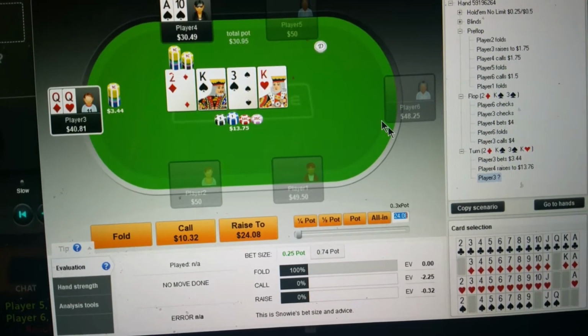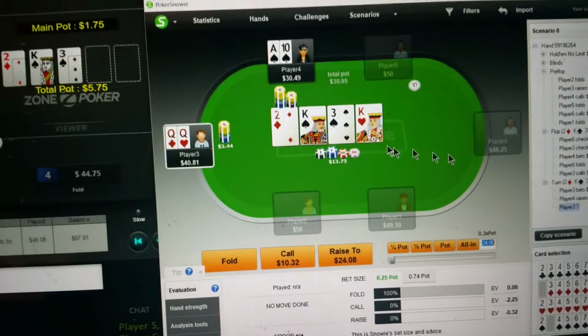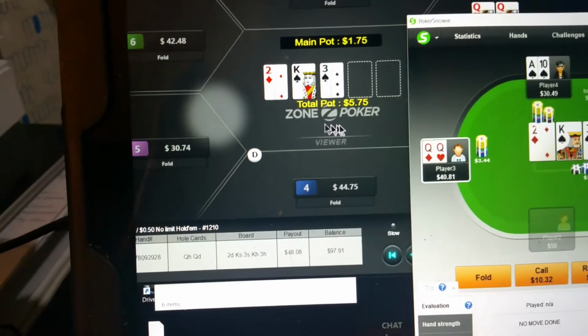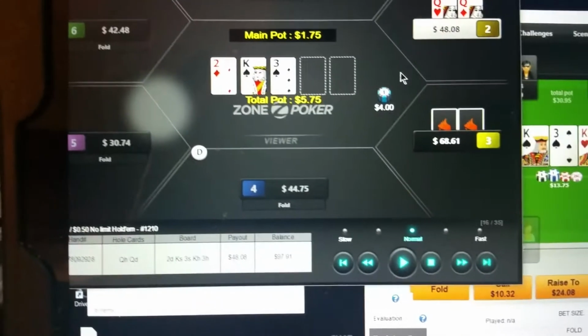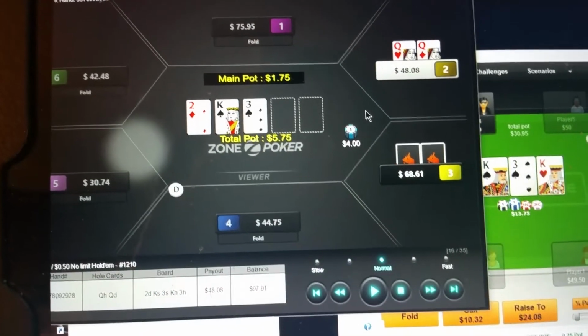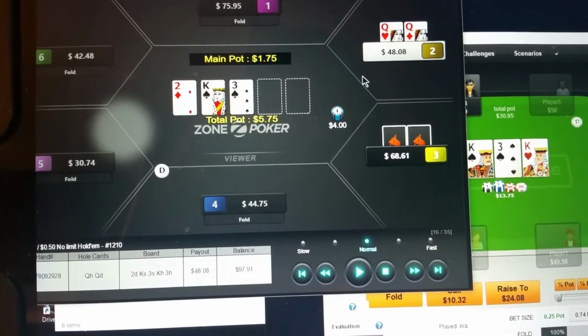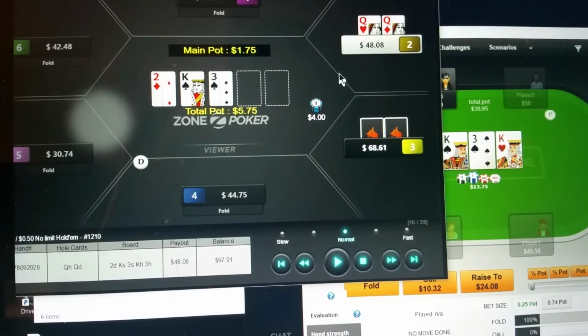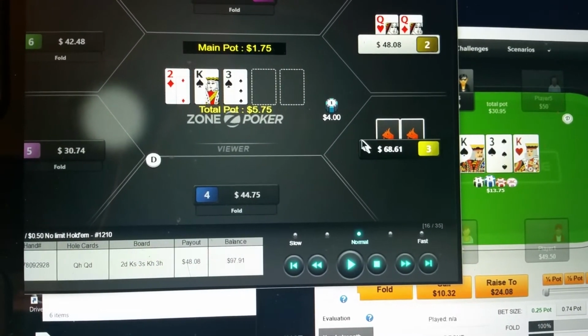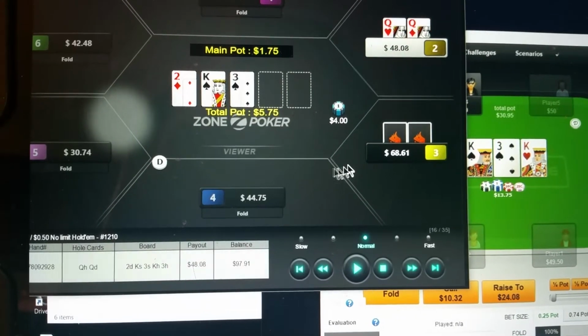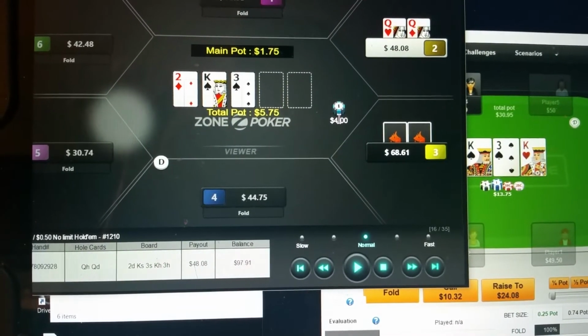Let's go back to the hand. On the flop, I was supposed to either check or bet quarter pot. I checked and I got villain in the cutoff to bet $4.